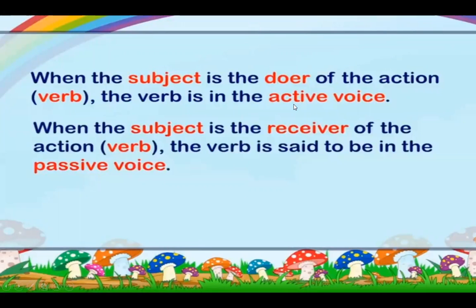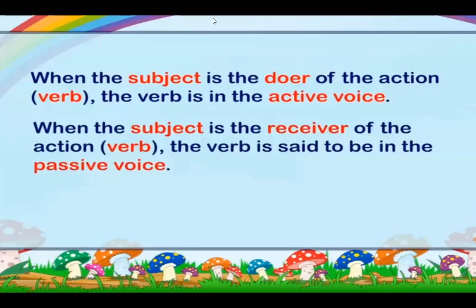How do we know whether the sentence is in active voice or passive voice? When the subject is the doer of the action, or in simpler words, when the subject comes in the beginning of the sentence, it is active voice.